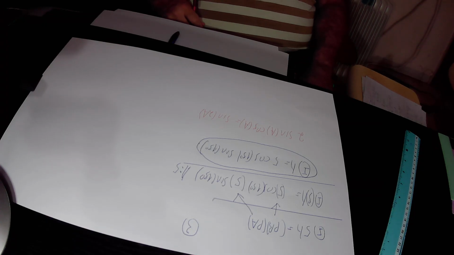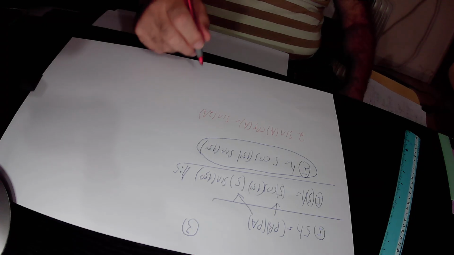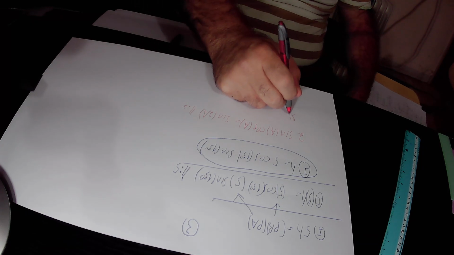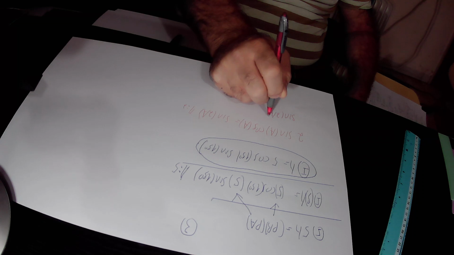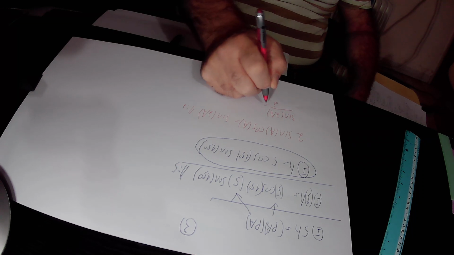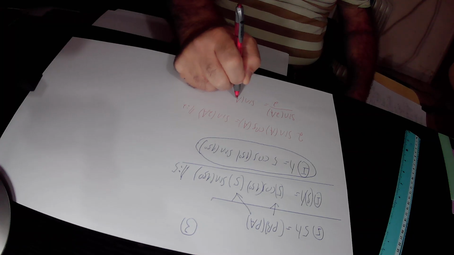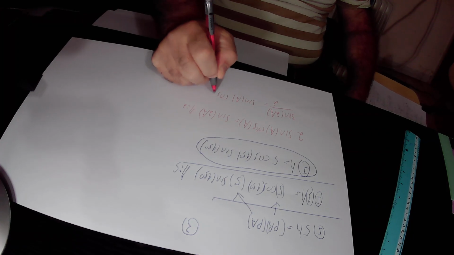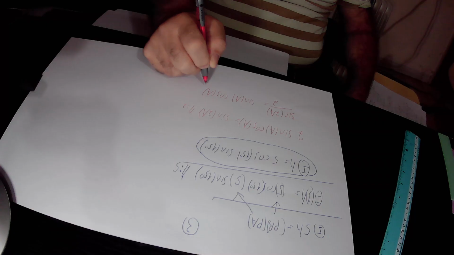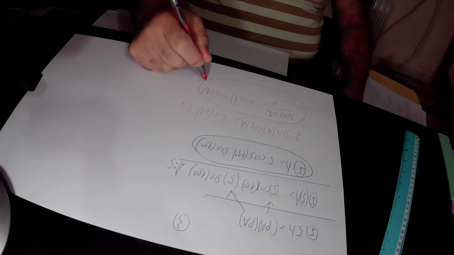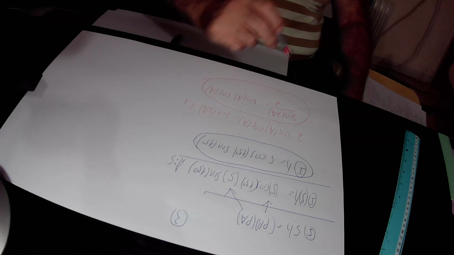Here we divide this equation by 2, and finally we get that sine 2A over 2 is equal to sine A times cosine A. But again, according to this trigonometric identity, we found that sine A times cosine A equals sine 2A over 2.